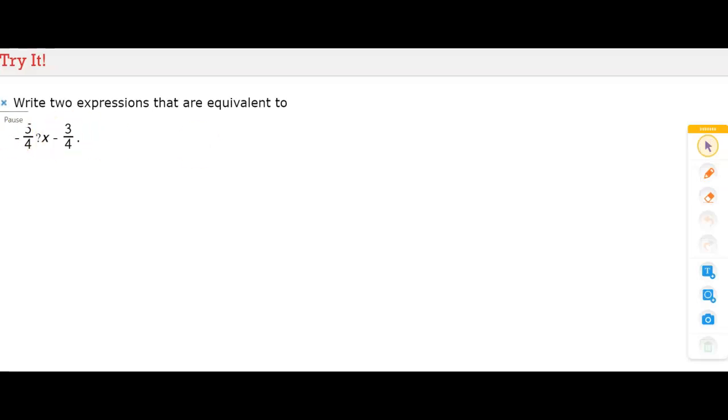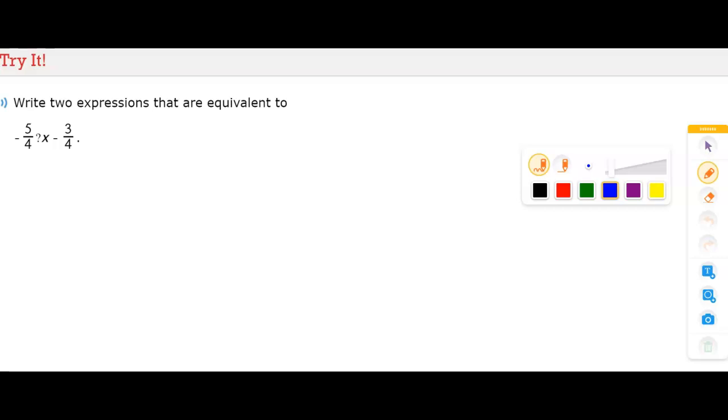Write two expressions that are equivalent to negative 5/4 times x minus 3/4. Let's use the associative property. Actually, let's use the commutative property.